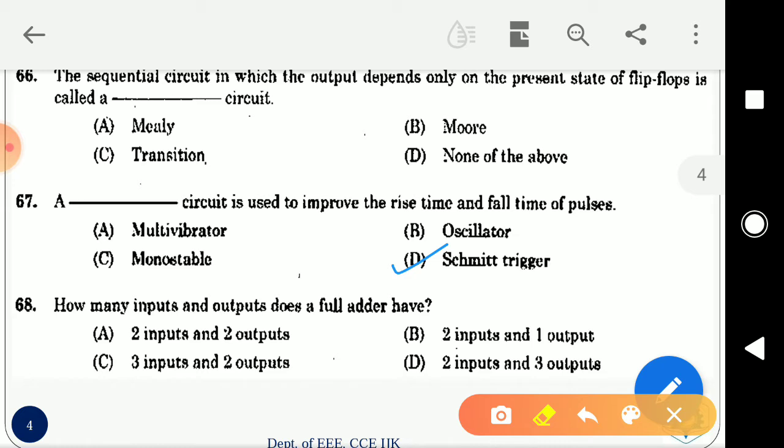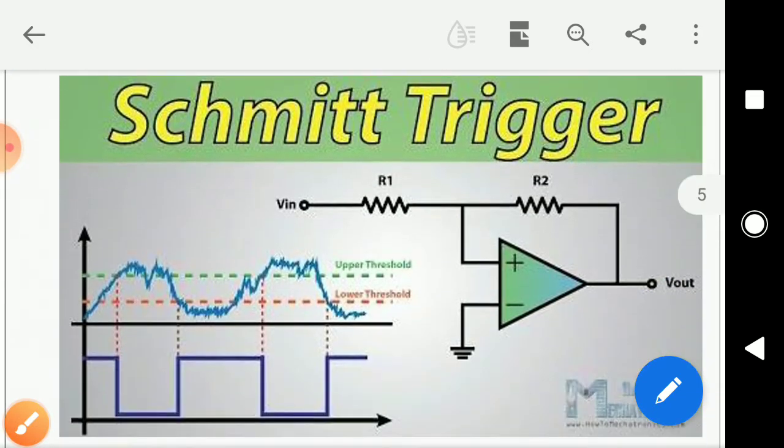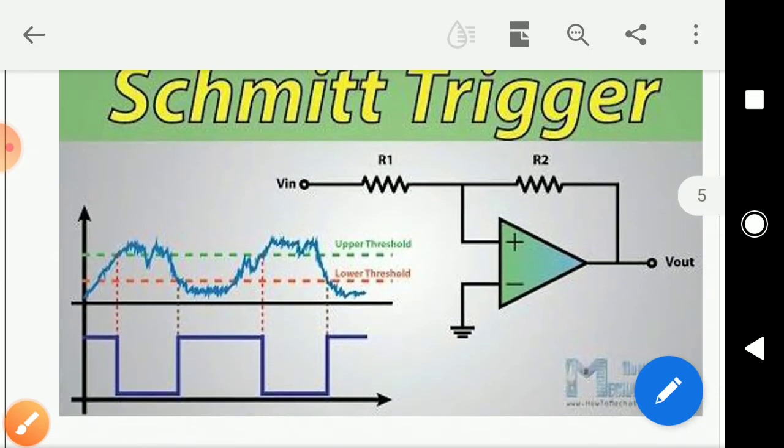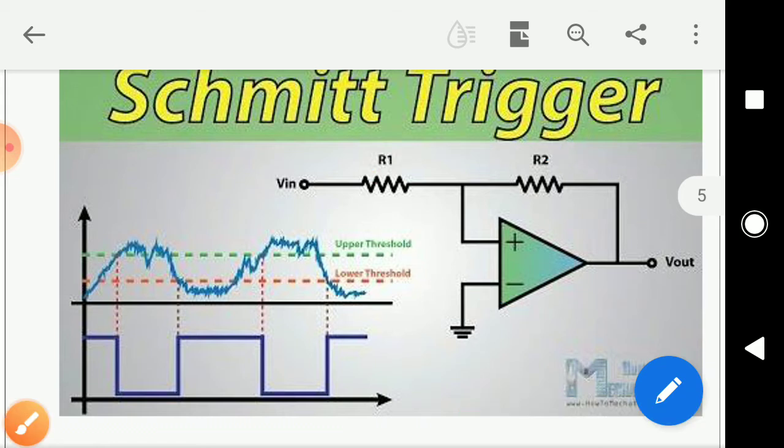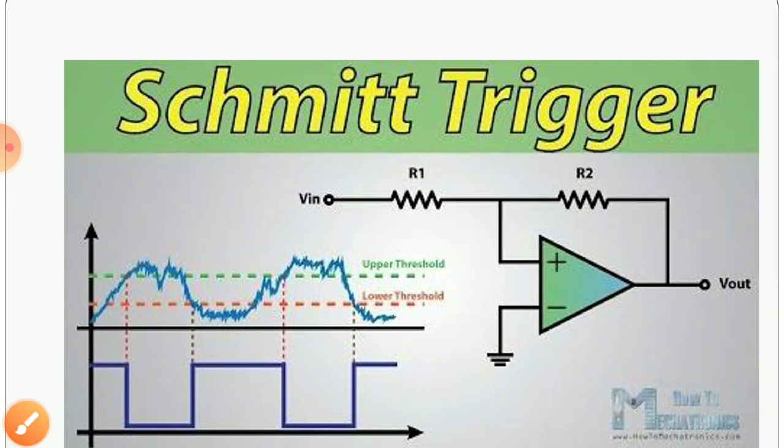But the Schmitt trigger, according to the wave shape, you can see a circuit over here. This is an example of a Schmitt trigger. It has a comparator with hysteresis, applying positive feedback to the non-inverting terminal of the differential amplifier. You can see the circuit over here, and you can see the output also.